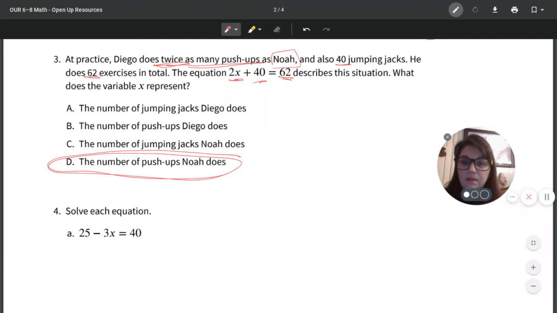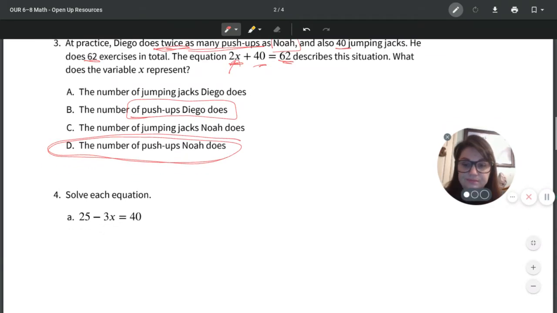Not the number of push-ups that Diego does, because he did twice as many as Noah. If you're wondering why it's not the number of push-ups Diego does, it's because since Diego did twice as many as Noah, it means he did more than Noah, so it's going to be 2 times x, twice as many as Noah.